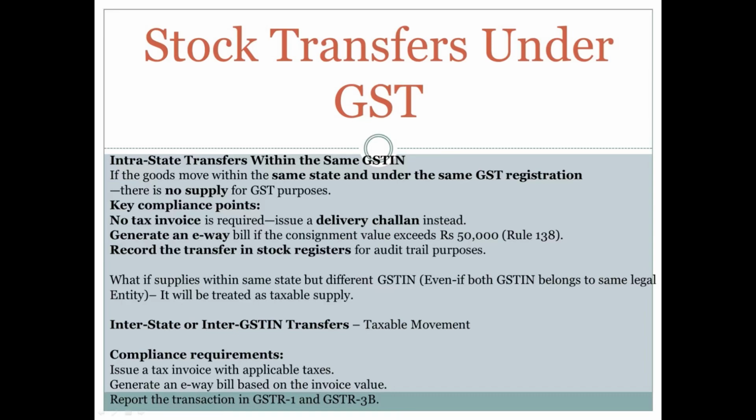Now, what if supplies are within the same state but between different GSTINs? Even if both GSTINs belong to the same legal entity, it will be treated as taxable supply. Another scenario: interstate or inter-GSTIN transfers, taxable movement.